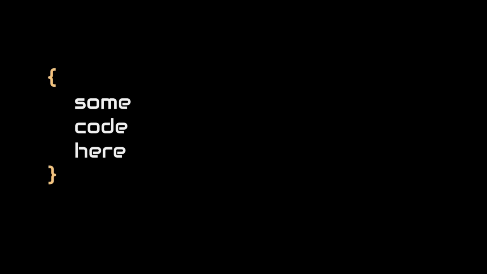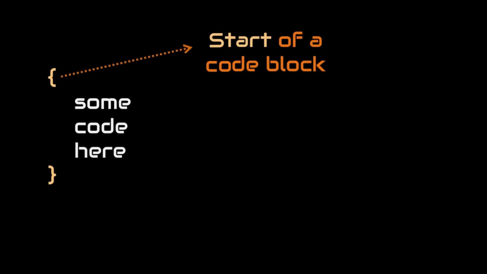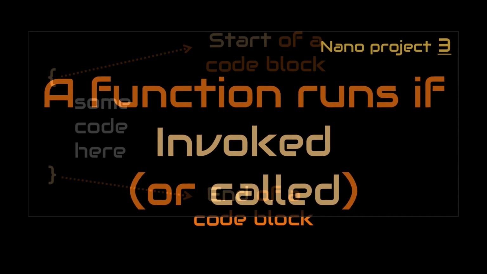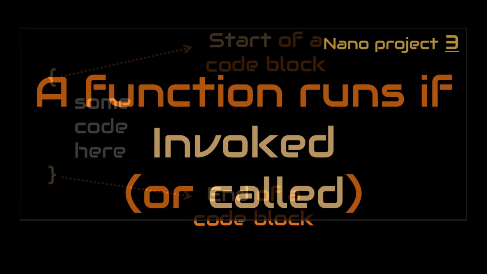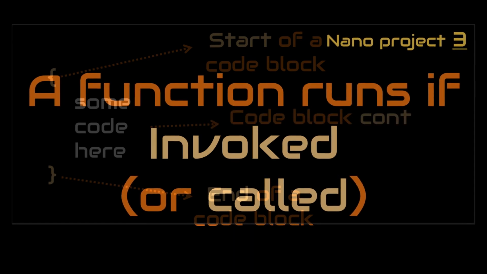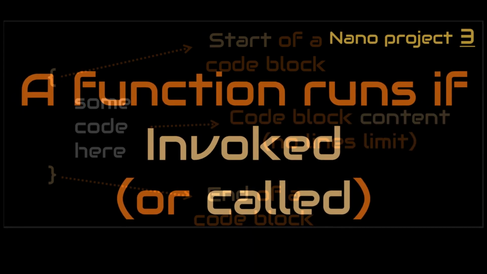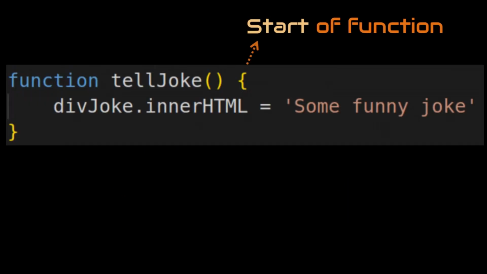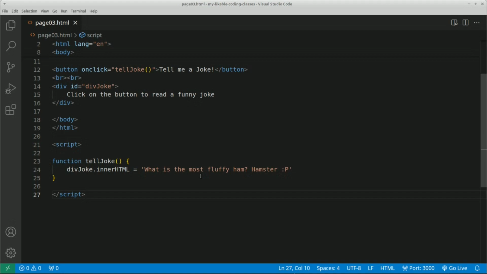Still regarding functions, every function stays kind of idle, dormant. A function runs only if something invokes it or calls it, or in other words, a function runs if it is invoked or called. In our code, who asked the function to run? That's a very good question. It was the likable button, because we added the onclick attribute.